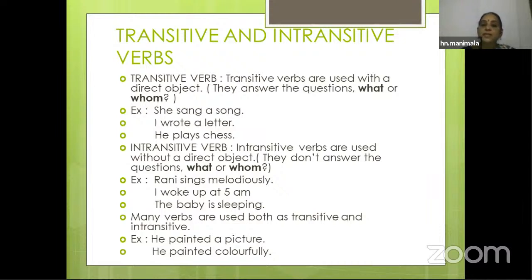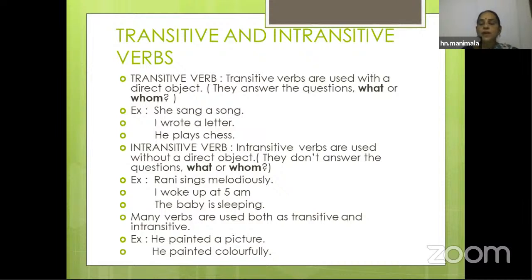Transitive verbs are used with a direct object. All of you are familiar that in a sentence there are usually a subject and a predicate. Subject means who does the action. What all he does we call the predicate. And when you do active to passive voice, you know that subject, verb and object are required in a sentence.